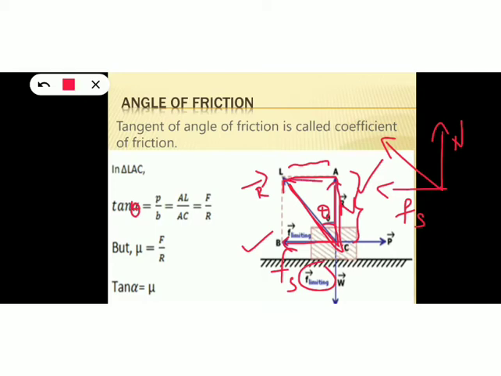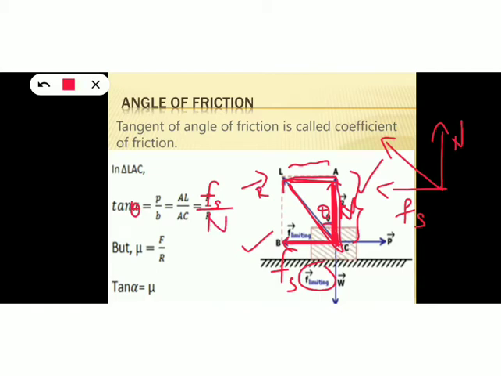LA is parallel to the limiting friction, so it will be equal to the limiting value of static friction divided by the adjacent side, and this adjacent side is our normal reaction.